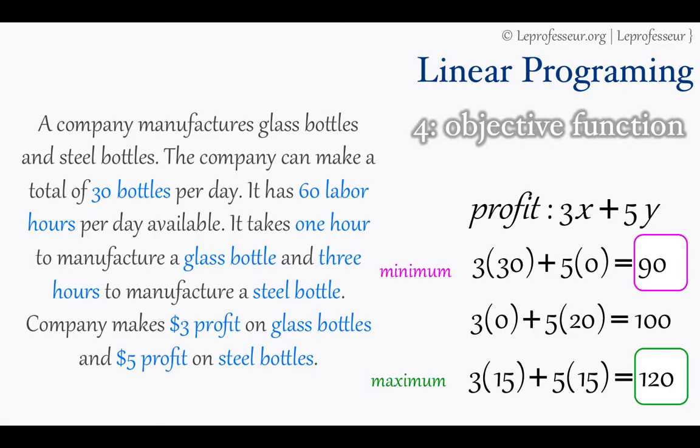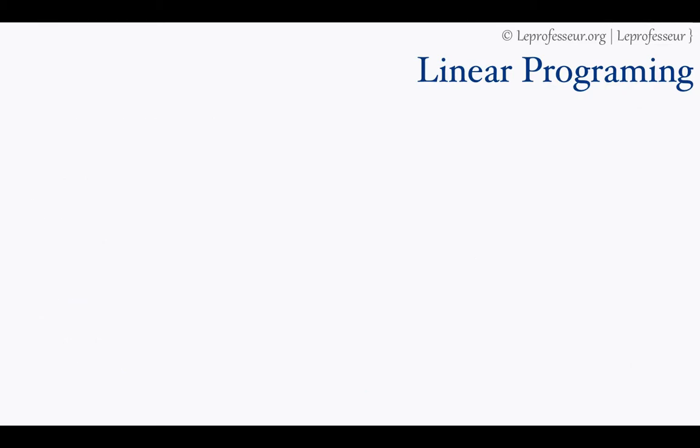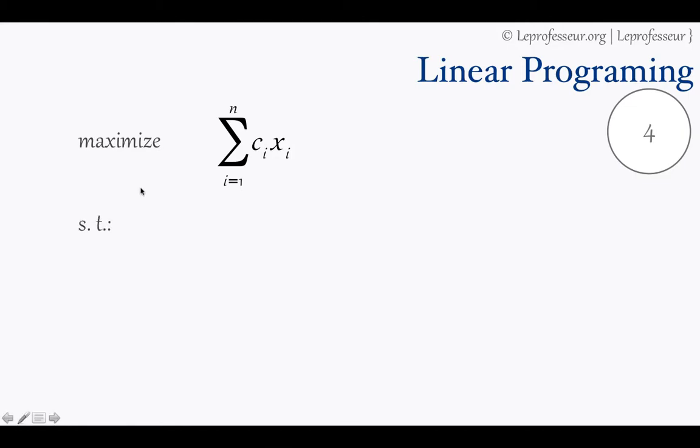steel bottles, let's talk about a general structure of such problems. In simple sense, we want to maximize this equation. Our objective function is in the form of variables multiplied by some coefficients added together, subject to certain constraints.